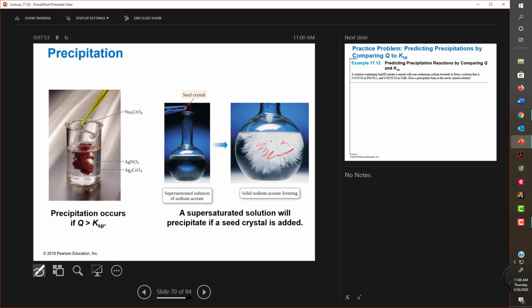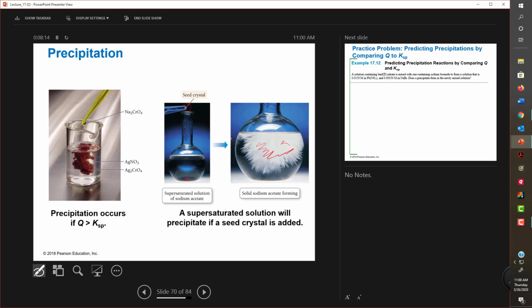So that tells me that this is a supersaturated solution, because if it was just saturated, the one crystal would sink to the bottom. You stir it around, it doesn't look like it dissolves. But you add one little crystal and you get all of these crystals, that tells me it was a supersaturated solution.